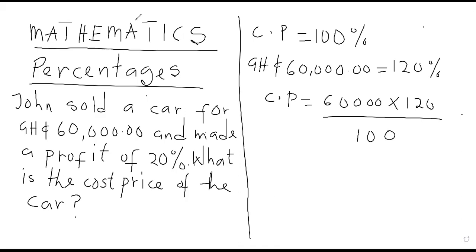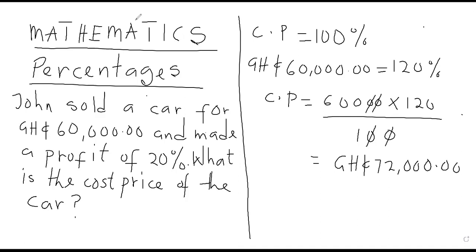So let's cancel zeros. Then we have 600 times 120. That is 72,000 Ghana cedis. So the cost price of the car will be 72,000 Ghana cedis.